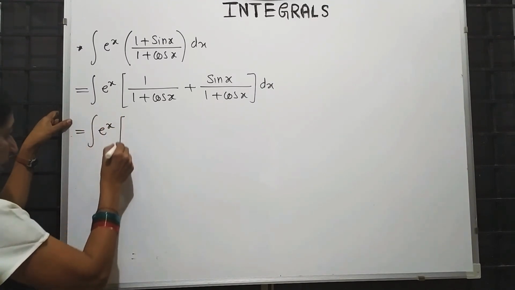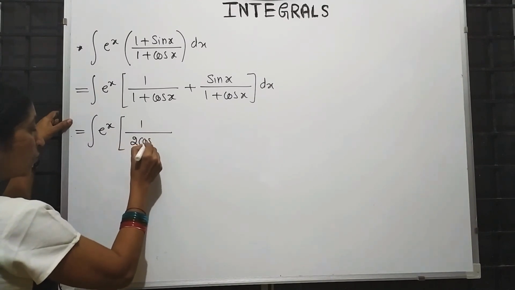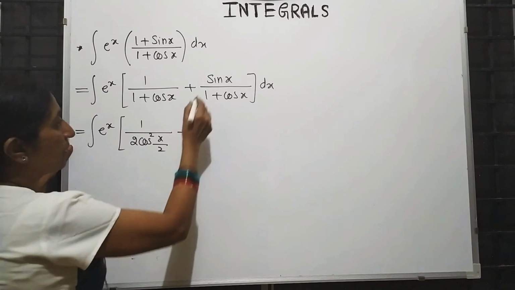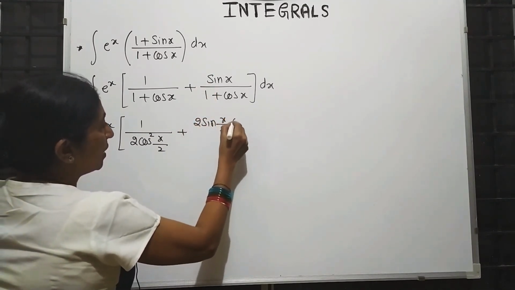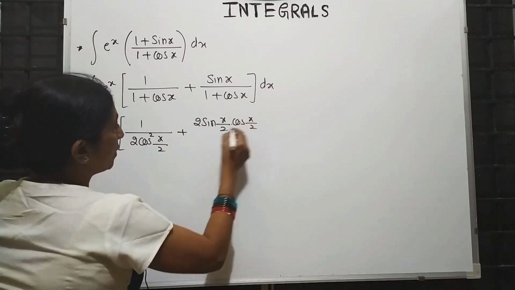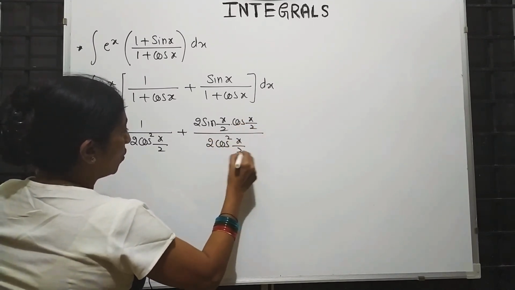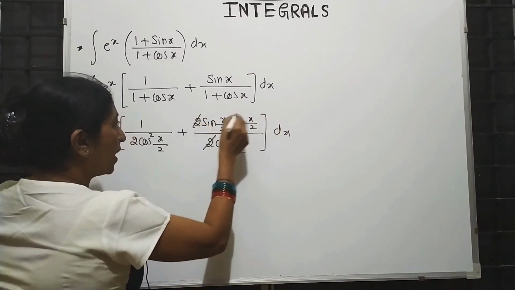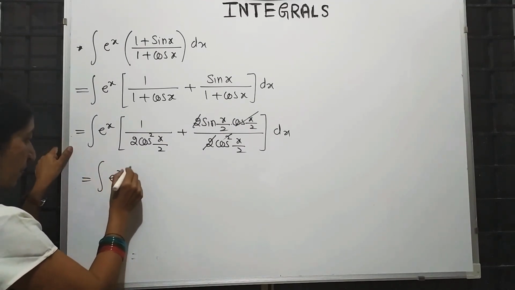e raised to x as it is. 1 plus cos x is 2 cos square x by 2, in submultiples, plus sin x is 2 sin x by 2 into cos x by 2, upon 2 cos square x by 2, into dx. Here 2 and 1 cos get cancelled. e raised to x.